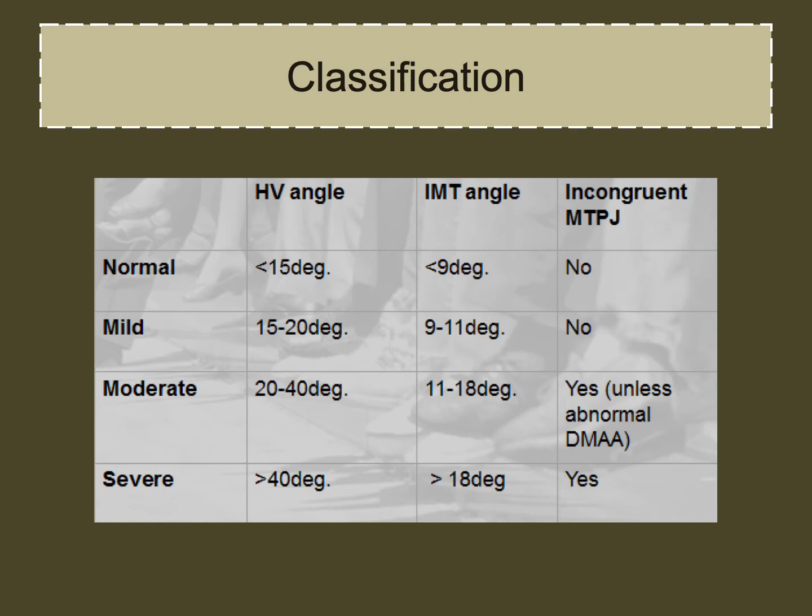So in terms of classification, it's not a hard and fast classification, but in general, we say normal is an HVA less than 15, an IM less than 9, and a congruent joint. And then for mild, an HVA 15 to 20, an IM 9 to 11; moderate, HVA 20 to 40, IM 11 to 18; and then severe, greater than 40, greater than 18, and an incongruent joint.